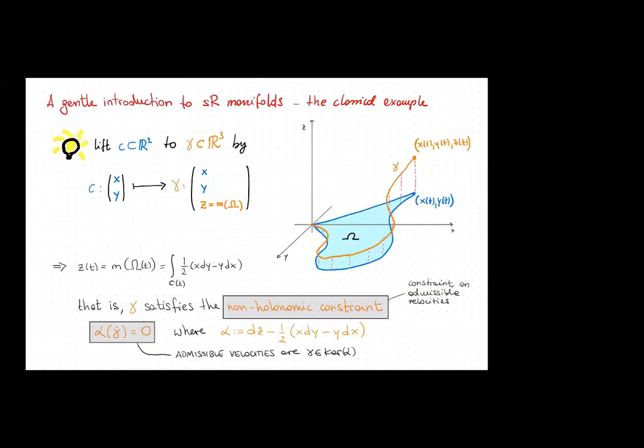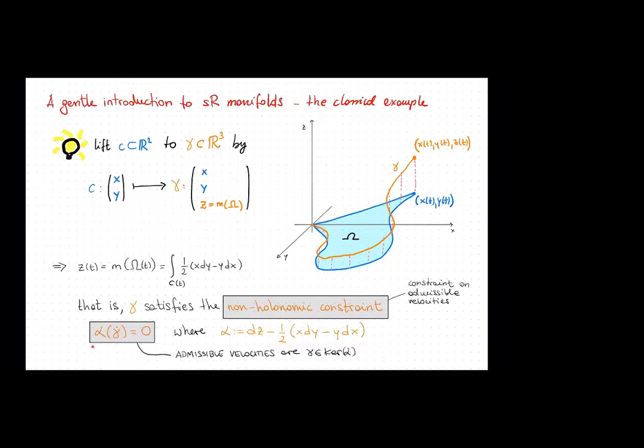So another way of saying exactly the same thing is, instead of taking the derivative with respect to time, remove time altogether and look at it in terms of one-forms, in terms of the differential. Then this identity here is telling us that dz minus 1/2 (x dy minus y dx) has to be 0. Or in other words, that the velocity of our curve, which is what the one-form is, has to be in the kernel of the form dz minus 1/2 (x dy minus y dx).